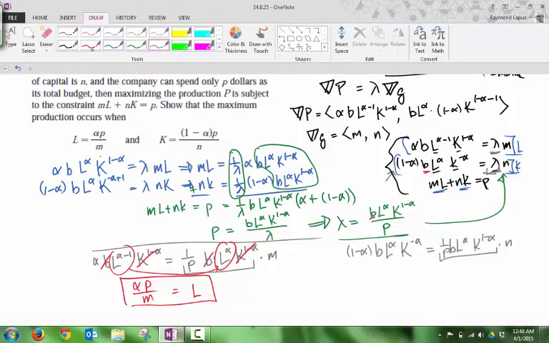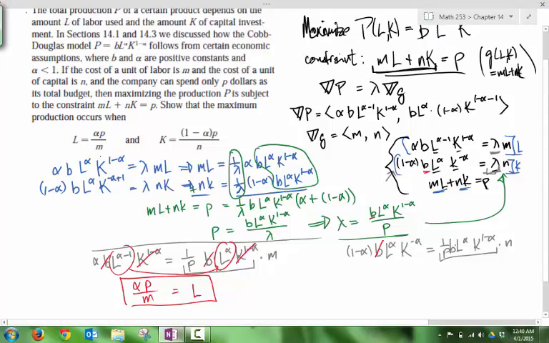Okay, now we can cancel. Cancel the b's. Cancel the L's. They all have the same power. And now I have a k raised to the 1 minus alpha, and I have k to the negative alpha. So if I divide both sides by k to the negative alpha, they would cancel and leave me with 1 k left.